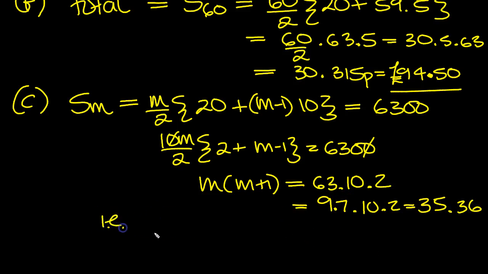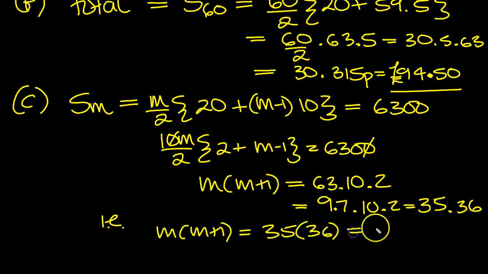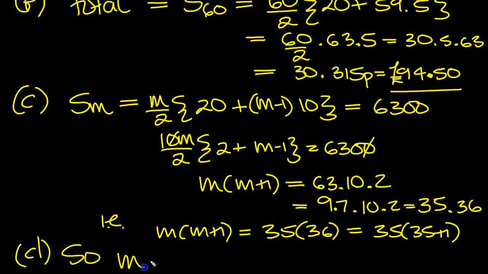Let's just re-emphasize it. m times (m plus 1) is equal to 35 times 36, which is equal to 35 times (35 plus 1). So for part D we can now write down m. We can see the correspondence here. m is clearly 35.